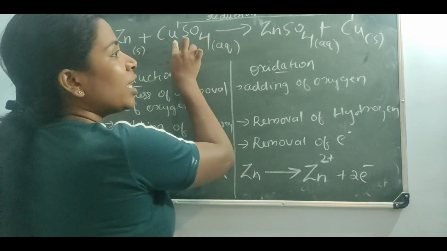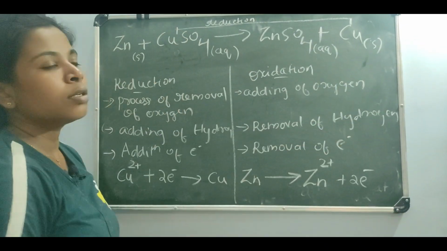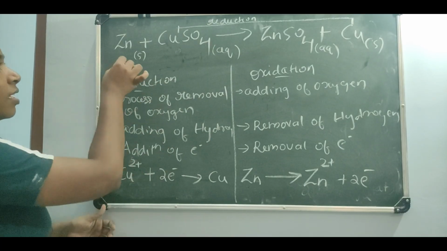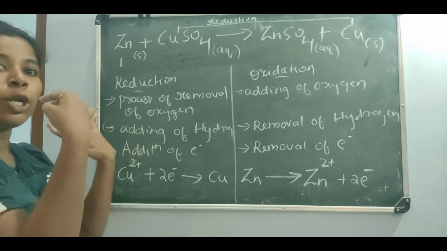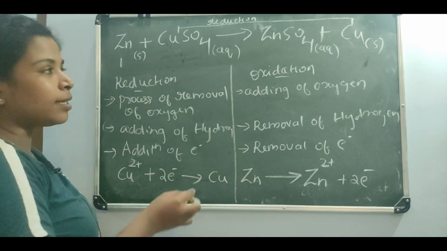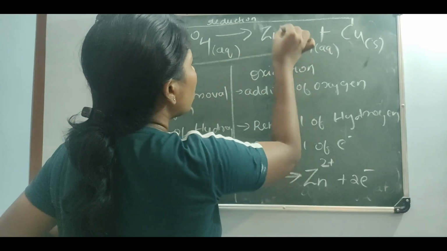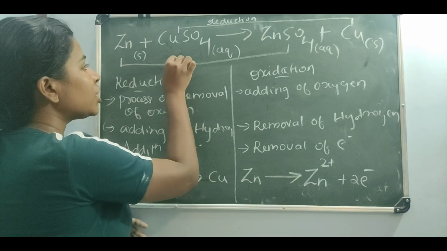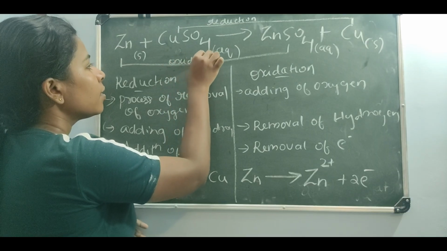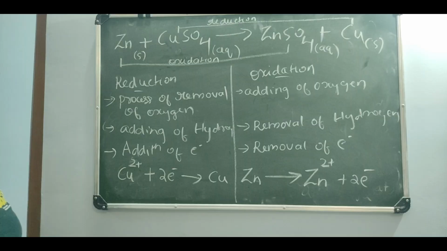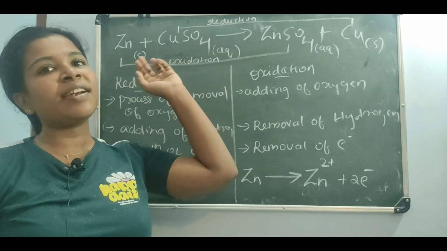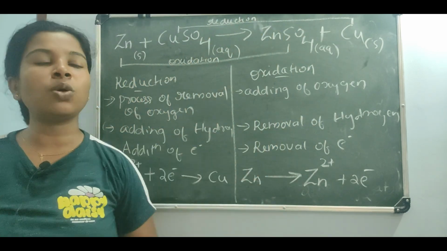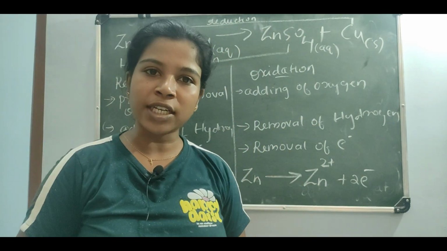The copper ion gained electron and became copper. Now what happened with the zinc? The zinc was an atom. It lost electron and became zinc ion. So here removal of electron happened, which means oxidation happened. So both oxidation and reduction are happening in a single chemical reaction. So this is known as a redox reaction.